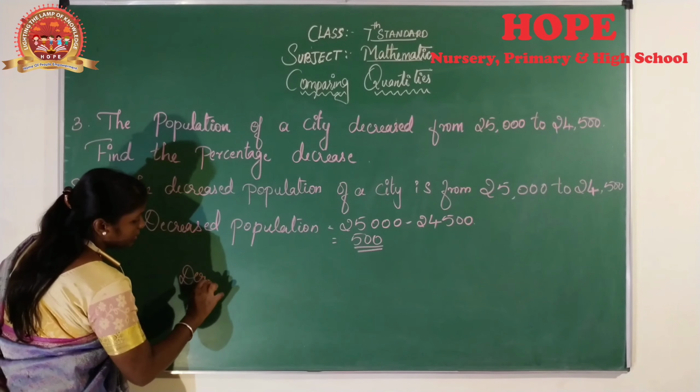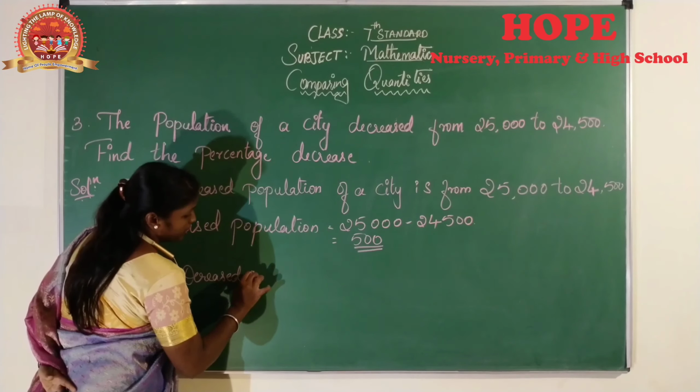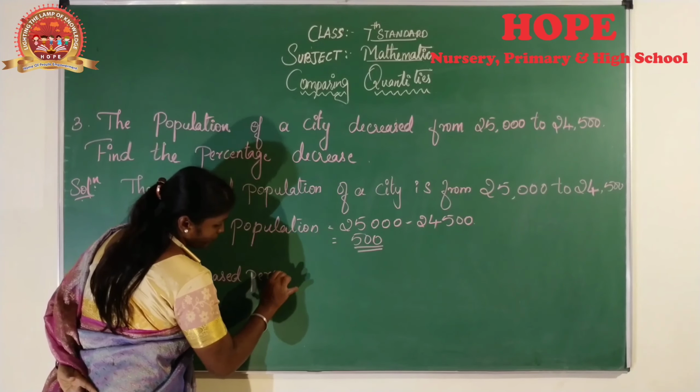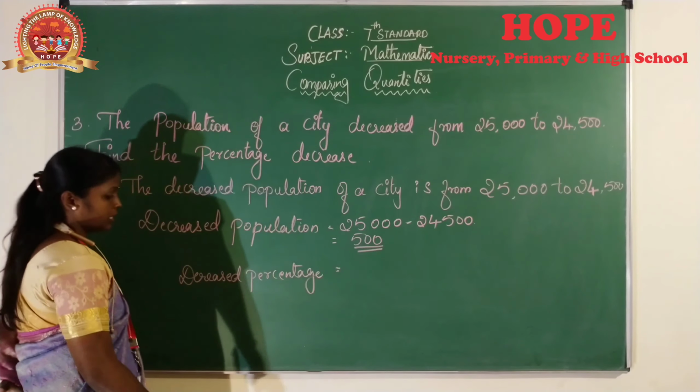So the decreased percentage. How to calculate decreased percentage?